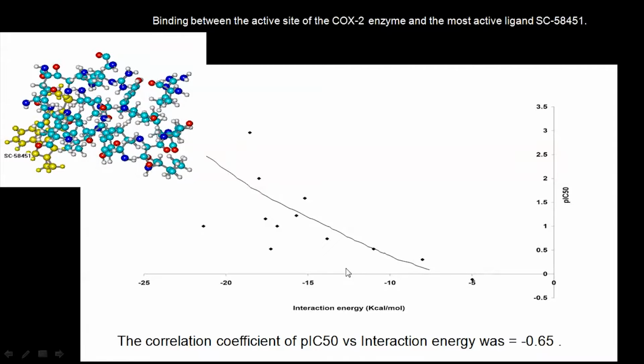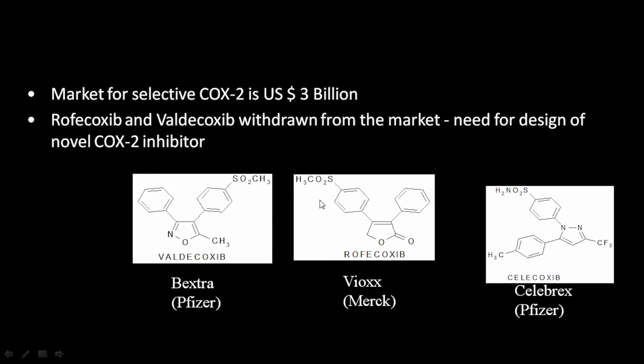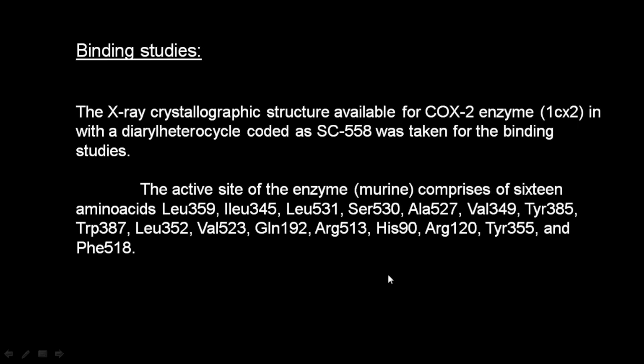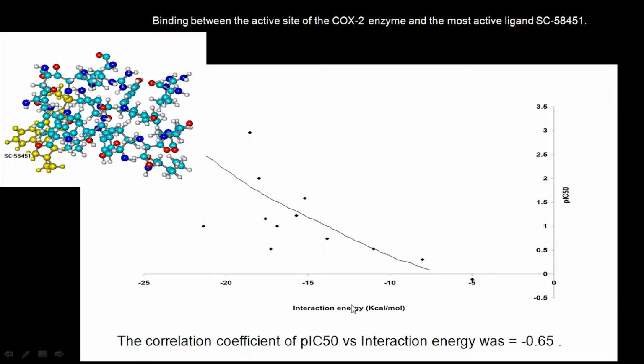When we do binding of each of these molecules, there are almost 12 molecules which we have selected, some known to be selective and some not so selective, but we know their activity, that is, IC50. We get the binding energy or interaction energies using AutoDock for these 12 molecules, and here we plot their activity.